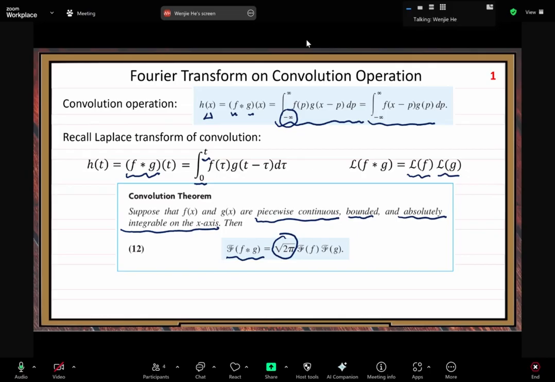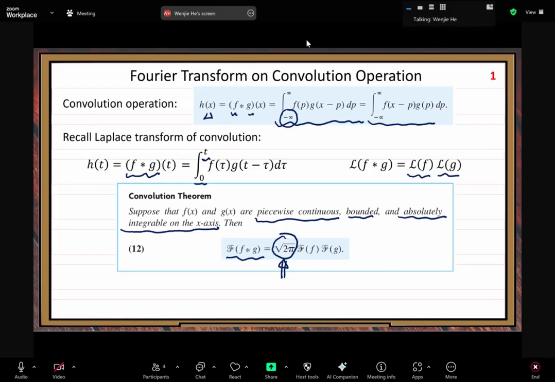That's something a little different from the Laplace version, where the constant is 1 and it looks perfect. Here the constant is not 1, so people feel it's not that perfect, but it's okay.